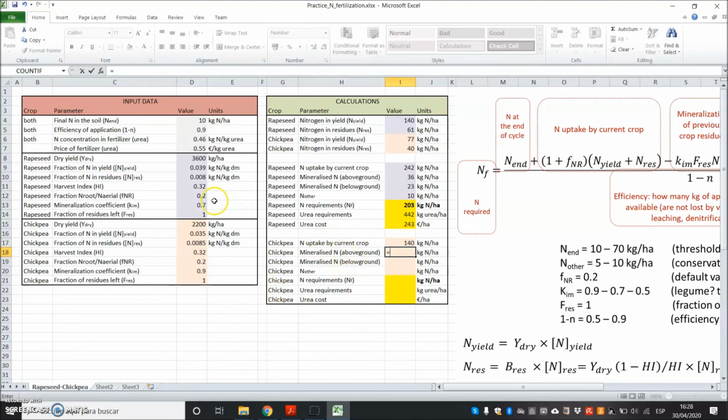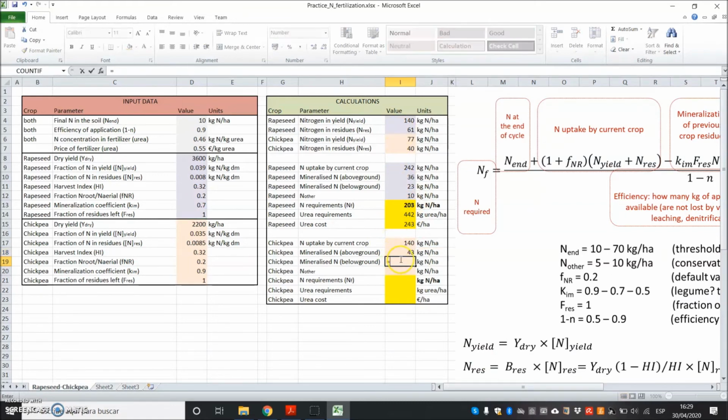So in this case, we should use for the above ground residues the mineralization coefficient and fraction of residues left of rapeseed, also their nitrogen content in those residues, which is 61.